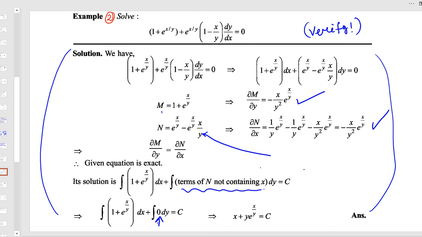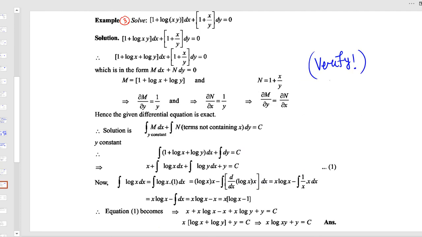What you have observed is correct, but the idea is different here. The concept is to verify whether it is exact or not. You can always solve it as a homogeneous equation, but the idea is to study the exact differential equation. For this type of example, if you try to apply the homogeneous concept, that may not be easy to apply.